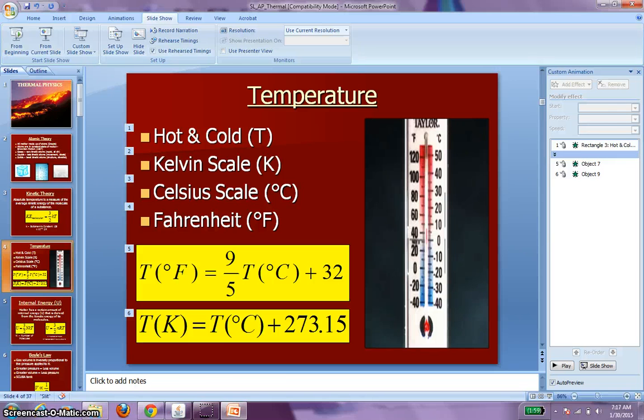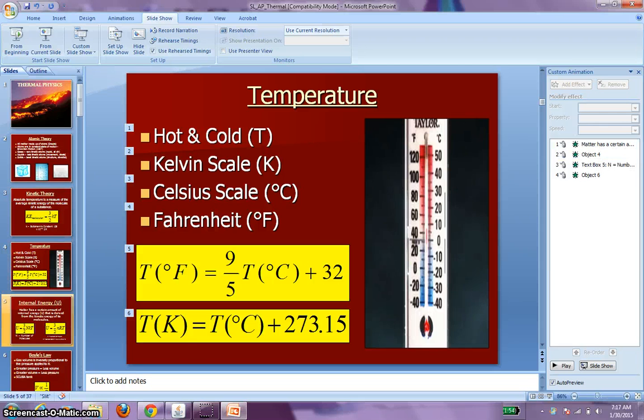If you take the temperature in Celsius and add 273.15 to be exact, you get the temperature in Kelvin. Notice that the Fahrenheit and Celsius temperature scales have this degree symbol because it's a degree of temperature, whereas Kelvin does not because it is an absolute temperature.